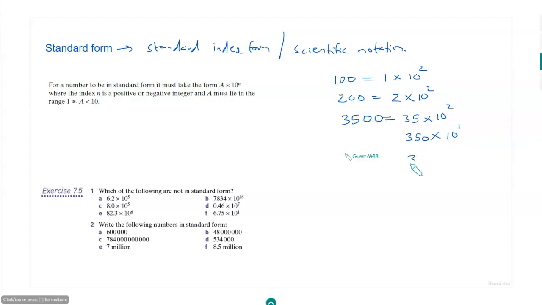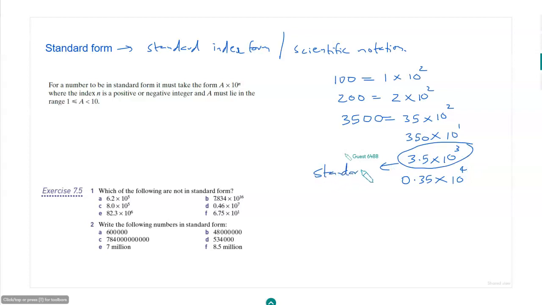You can also write this as 3.5 times 10 to the power 3, right? You can also write this as 0.35 times 10 to the power 4. So out of these, only this is standard form.